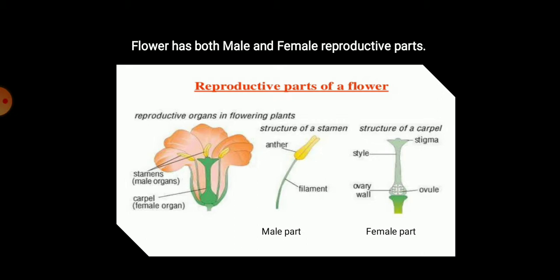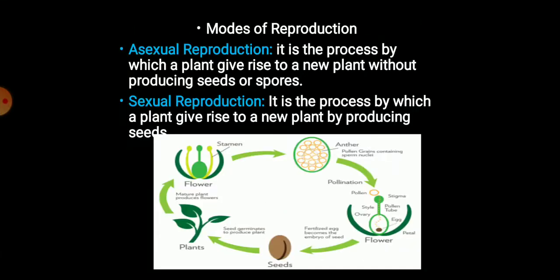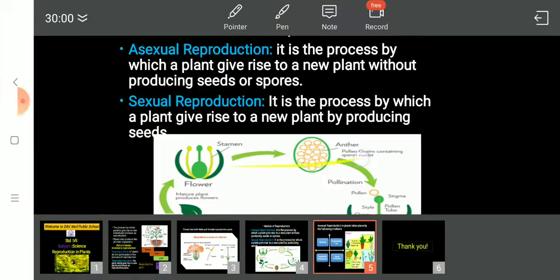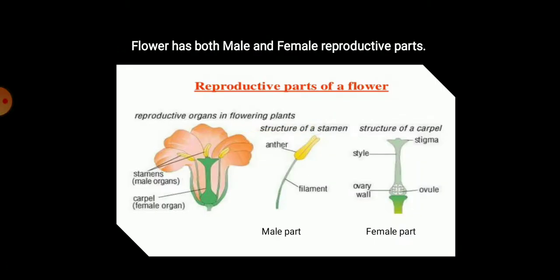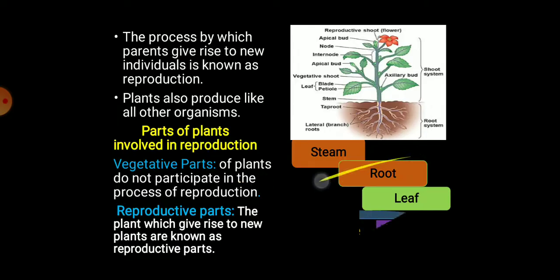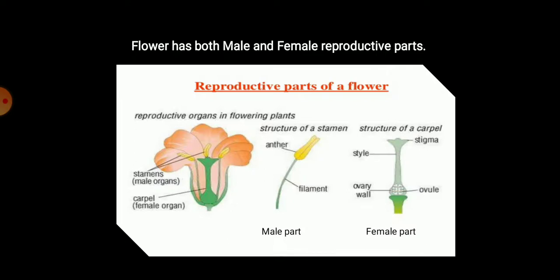This is the male part, the stamen. As you can see, this is a flower. These are petals. This yellow portion and a small thread-like structure is the male part of a plant, or the male part of a flower.